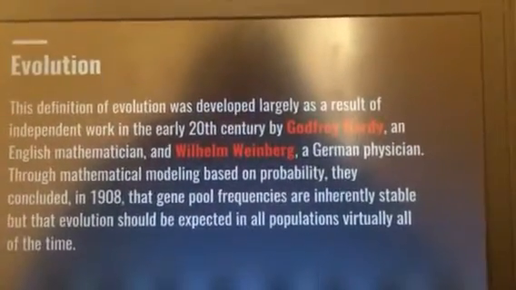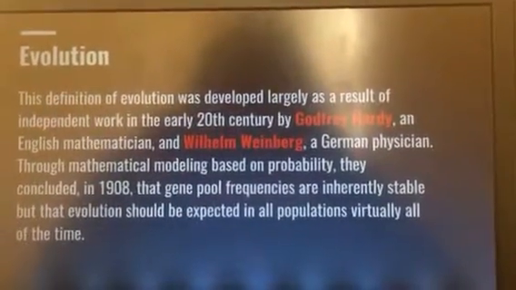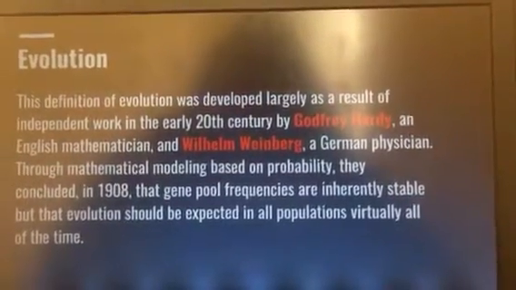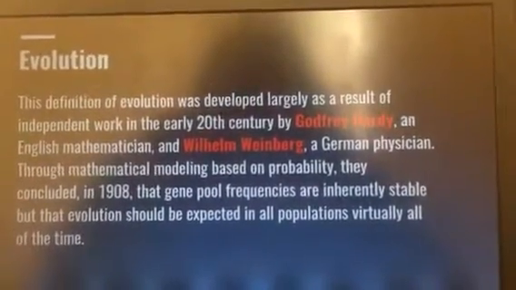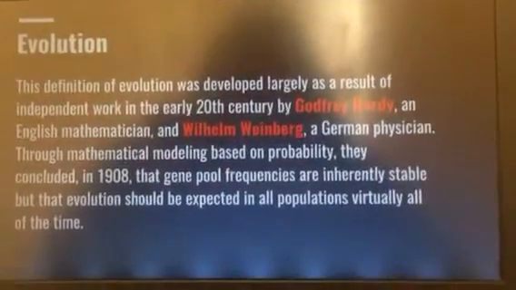Through mathematical modeling and based on probability, they concluded in 1908 that gene pool frequencies are inherently stable, but that evolution should be expected in all populations virtually all of the time.